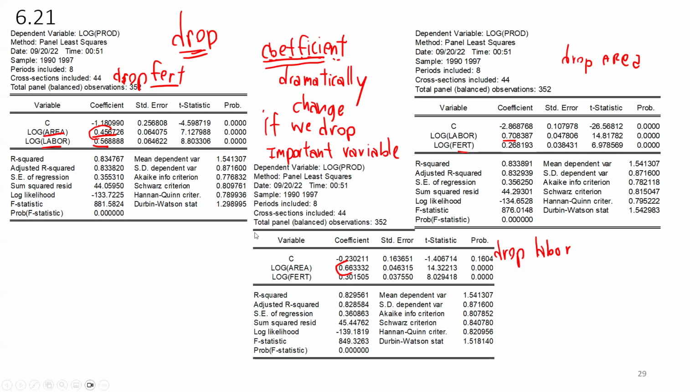We call the situation where we drop some important variable and the coefficient changes dramatically omitted variable bias.